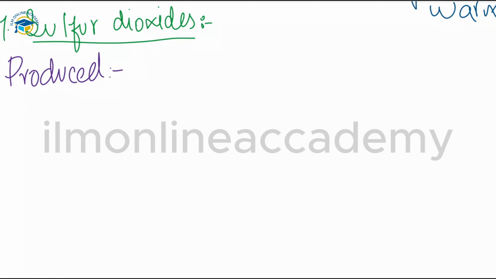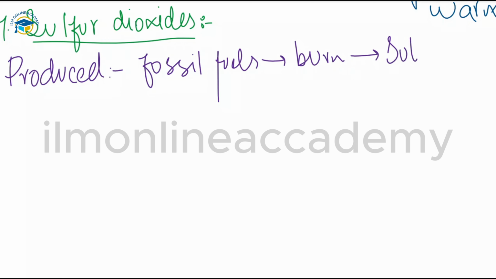If we talk about sulfur dioxide, fossil fuels such as coal or crude oil often contain sulfur as an impurity. So when we burn the fossil fuels containing sulfur compounds, sulfur dioxide is released. The sulfur in these compounds, when it reacts with oxygen, forms sulfur dioxide, and that sulfur dioxide gas is released in our atmosphere.